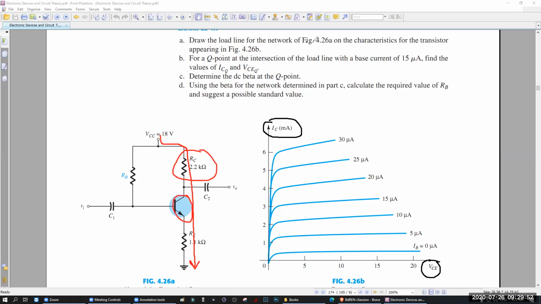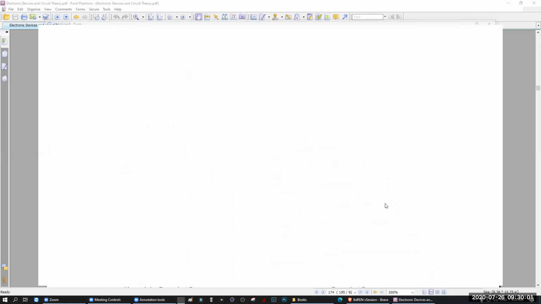Okay, let's do that equation. So how to do that? Let's find. I need a whiteboard. You can see the whiteboard, right? Yes, sir. Okay. So if I apply the KVL, the formula will be like this.